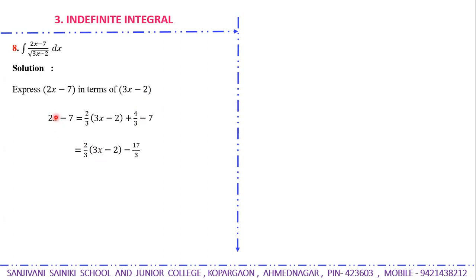So this numerator I have written as 2 by 3 times (3x minus 2) minus 17 upon 3. Now you may be confused about how this is written. I will show you the way. The numerator is expressed as a times the denominator plus a constant.